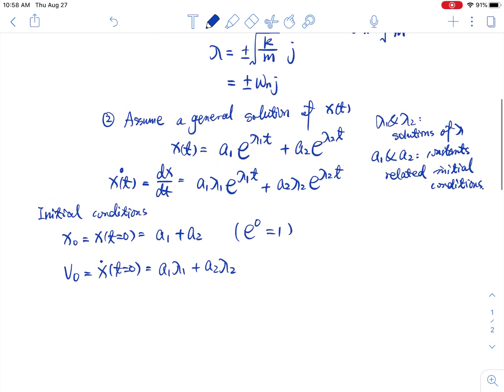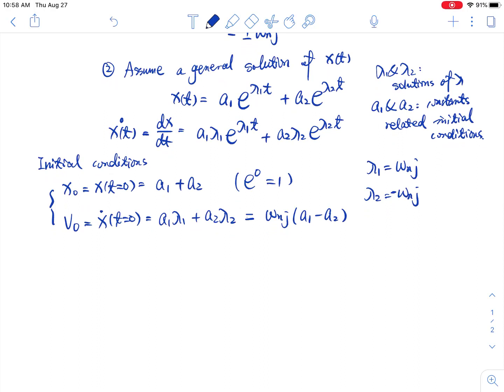And we already know the values of λ, so we can put them in. In this case, we can assume λ1 is ωn j, λ2 is minus ωn j. So the order of λ1 and λ2 doesn't really matter. So let's plug it in. We have ωn j (a1 minus a2).